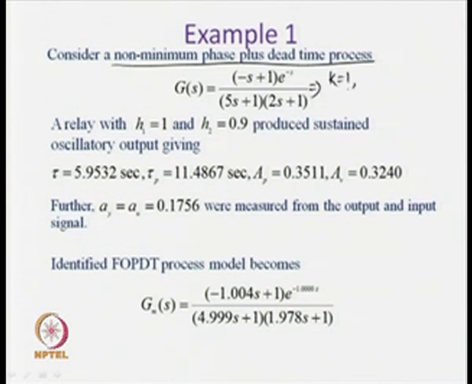K equal to 1, theta equal to 1, T0 equal to minus 1, T1 equal to 5 and T2 equal to 2. So, these are the typical values I have chosen to see the efficacy of the technique we have developed for estimating the parameters of a transfer function model.